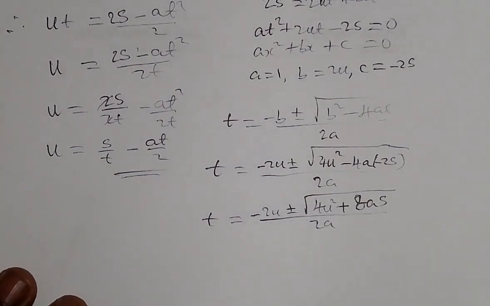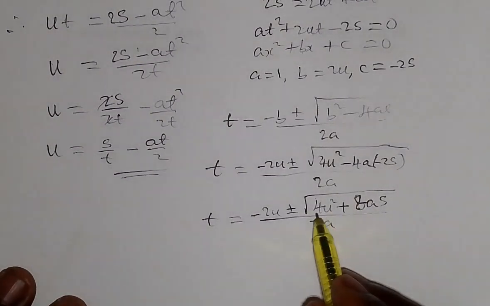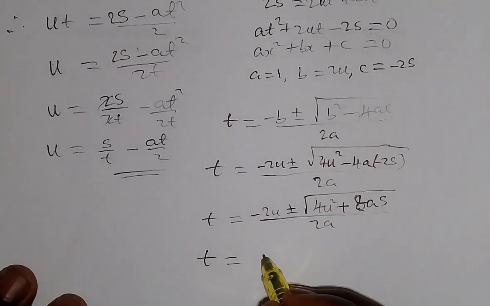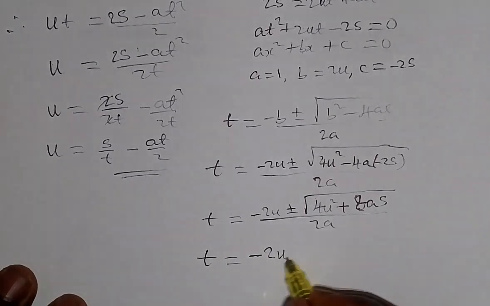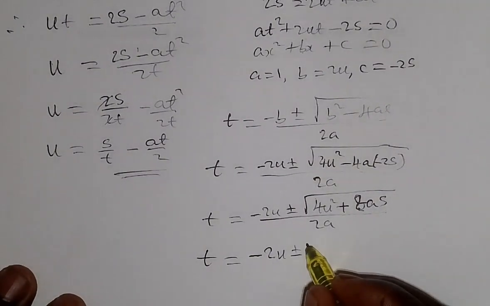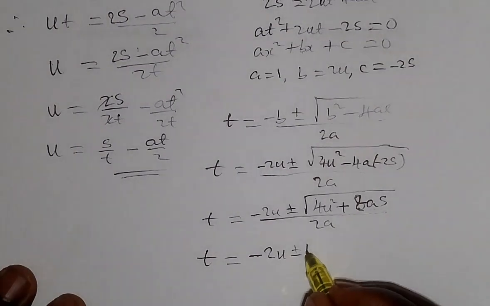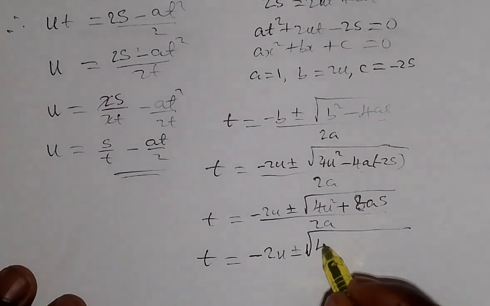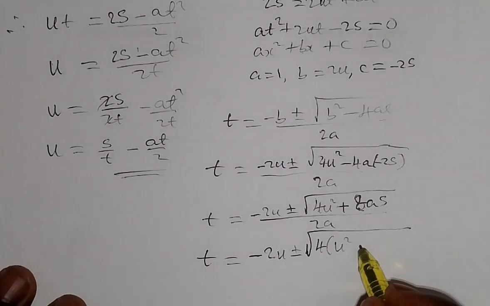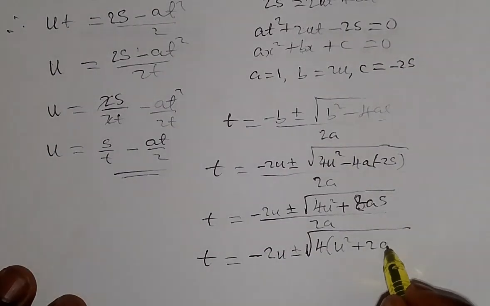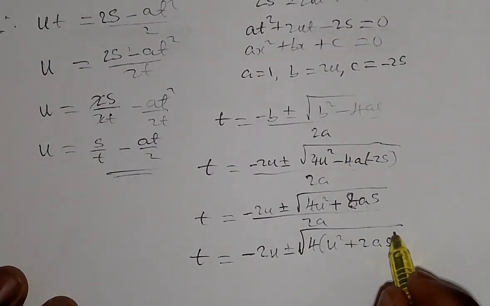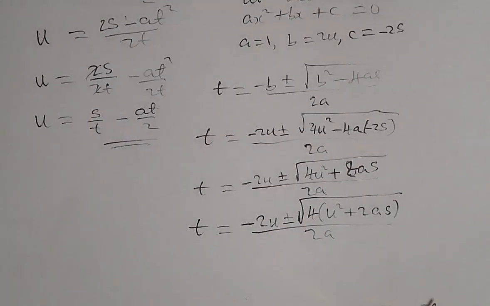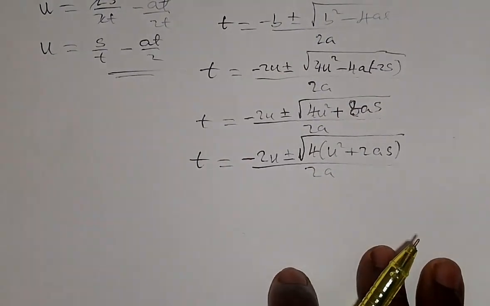Now if you check here, there is something that is common. 4 is common inside, so we'll factor it out, so that we have t equals minus 2u plus or minus the square root of 4 bracket u squared plus 2as close bracket, all over 2a.